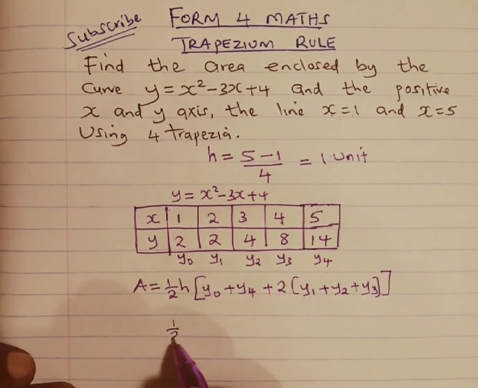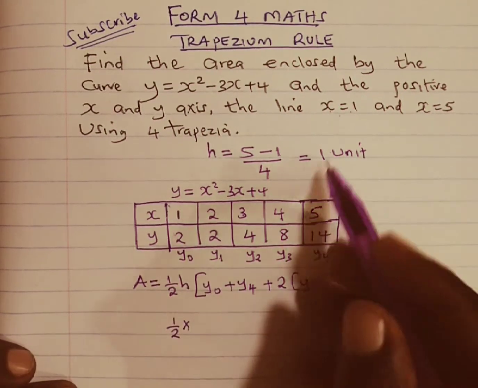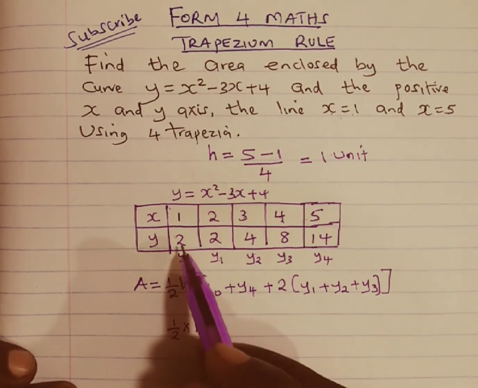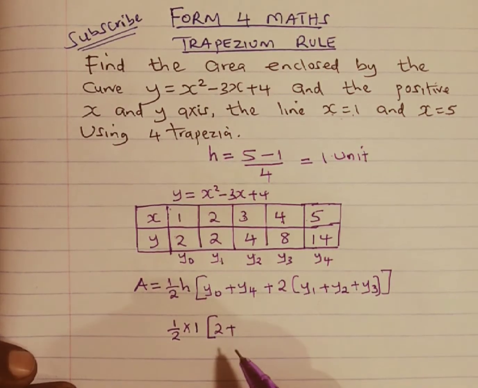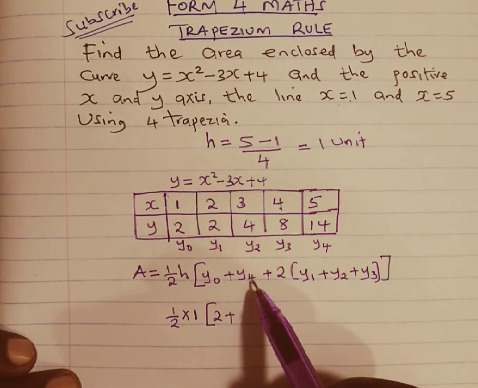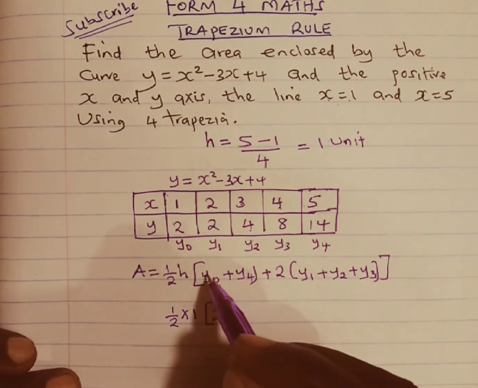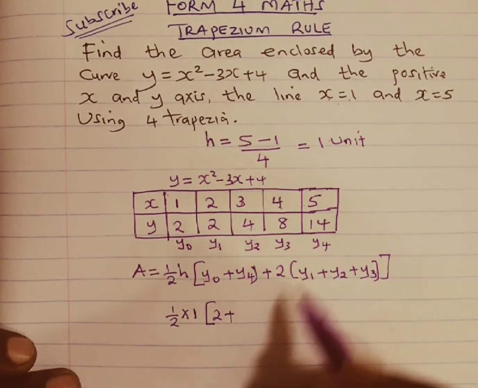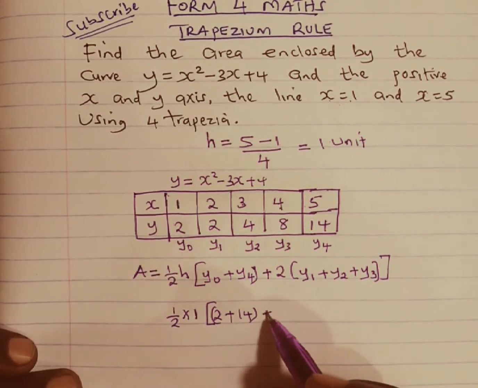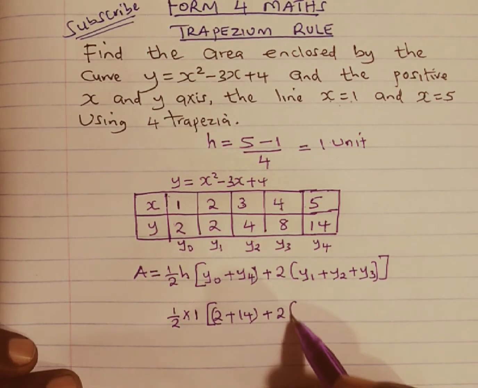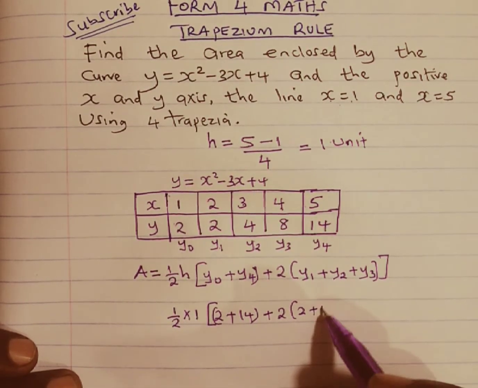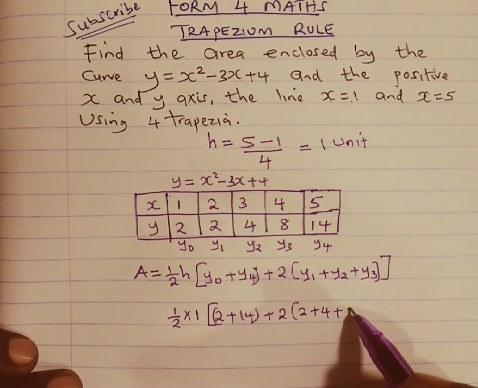This will be half times h, and our h is 1 unit, into y0 is 2. We add y4, which is 14, plus twice into y1 is 2, plus y2 is 4, plus y3, which is 8.